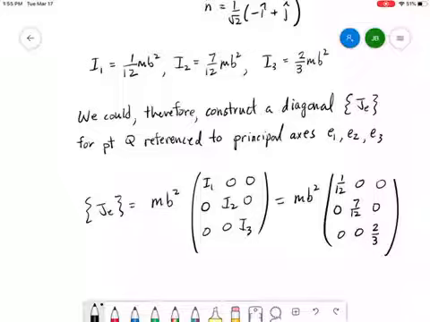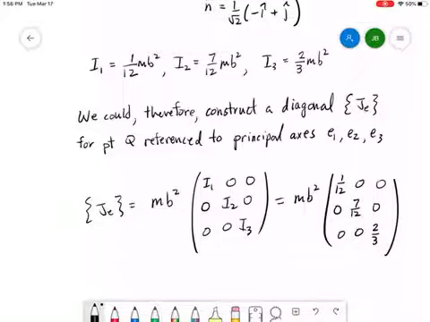So what we've got now are two different inertia tensors for point Q, one corresponding to the axes x, y, and z, which has some off-diagonal elements, and then one corresponding to the principal axes, which is diagonal.